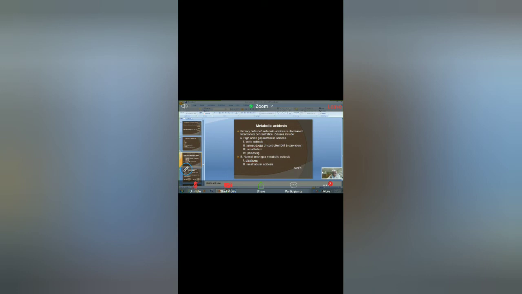Okay, then come to the point, some important causes of metabolic acidosis. Causes of metabolic acidosis can be discussed under two broad headings: number one, high anion gap metabolic acidosis, and number two, normal anion gap metabolic acidosis.